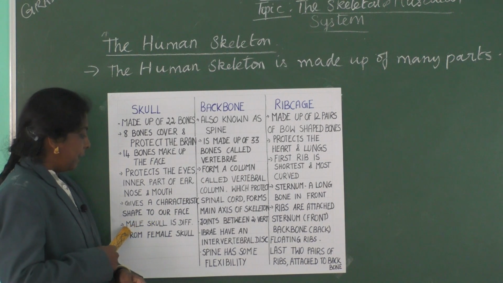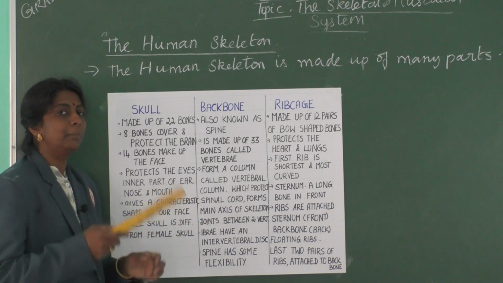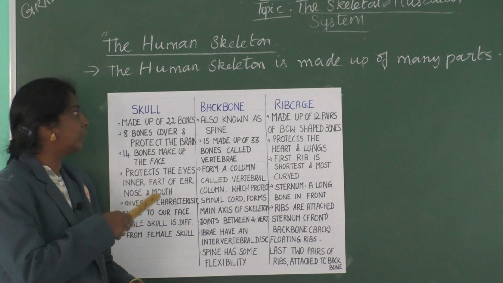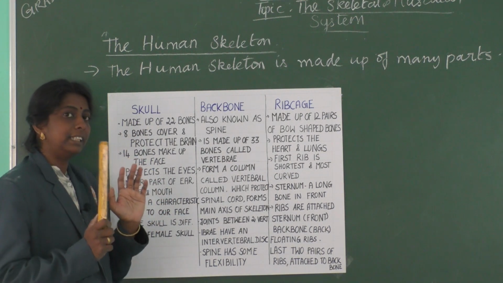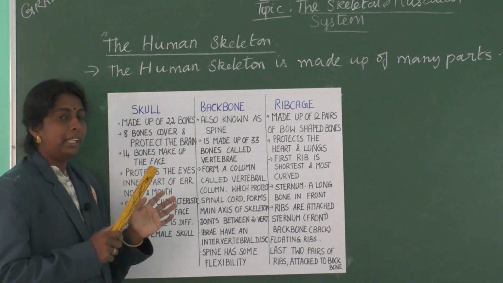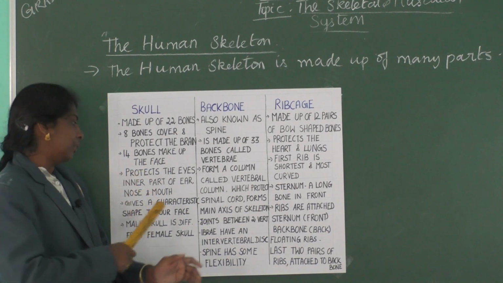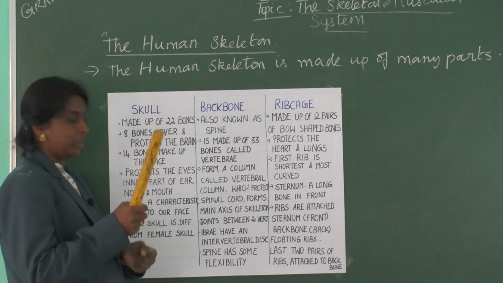Then the male skull is slightly different from the female skull. So this is what about the skull. It's made up of 22 bones, 8 for protecting the brain and the remaining 14 for the face, and it protects organs such as the ear, mouth and nose.